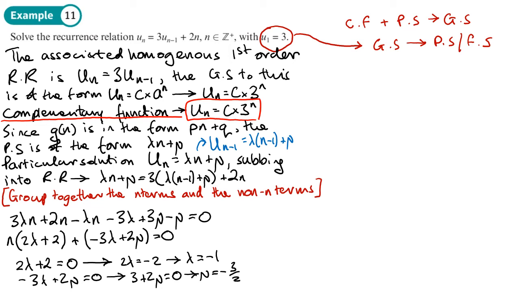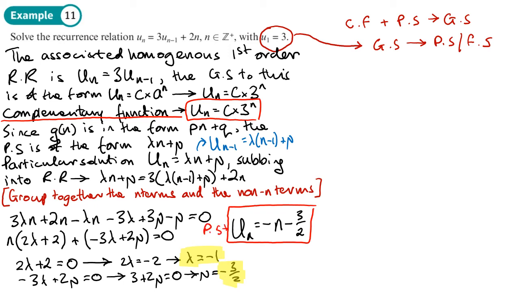So now I have the values of mu and lambda. I did all of that to find these values. So the particular solution I can now write down as u_n equals, now it was lambda n, so that's minus n because lambda is negative 1, plus mu, which is minus 3 over 2. I will highlight this: this here is my particular solution.